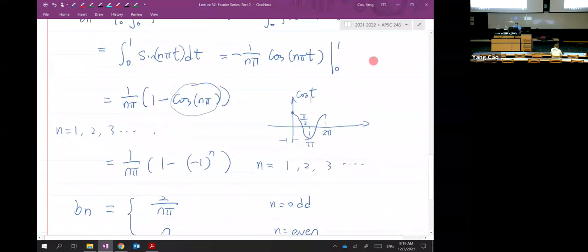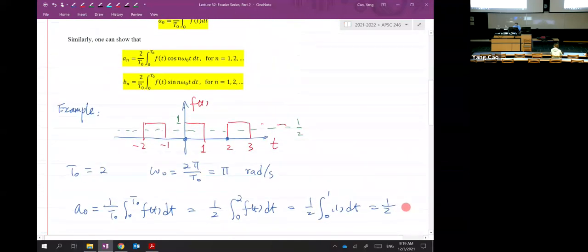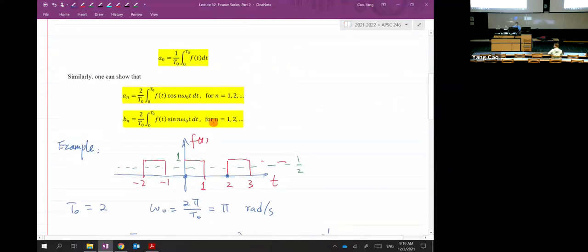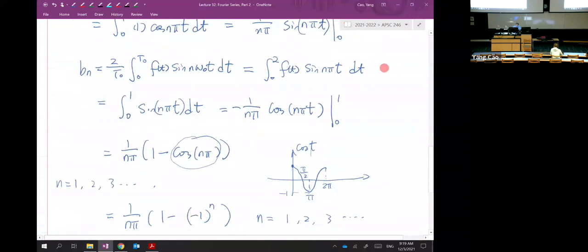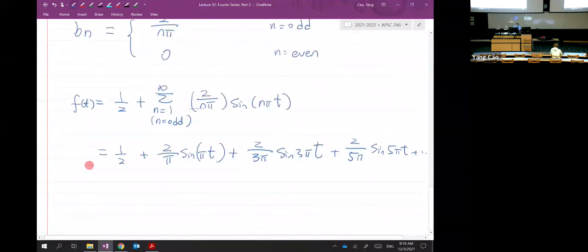You have 3 simple integrals to calculate, and once you've done the calculation, you can write f of t using this Fourier series formula. Now let's examine this result a little bit.